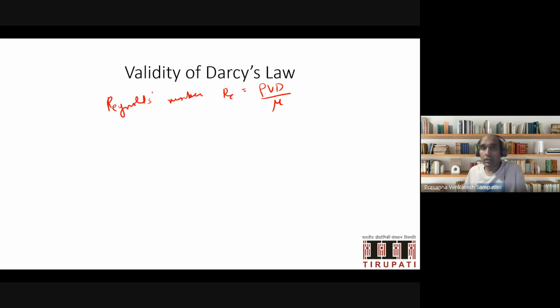And it turns out that we can use a similar Reynolds number for flow through porous media as well, groundwater, soil samples, and use this to find out for what range of Reynolds numbers Darcy's law is valid. Okay, but in the case of groundwater, this Reynolds number will be defined slightly differently.